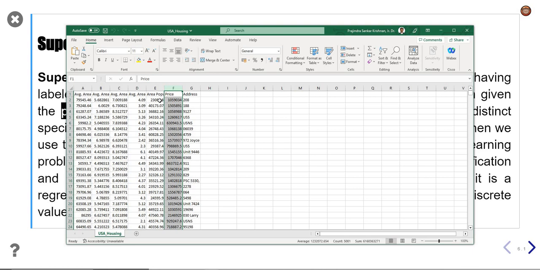Of course, this is a complete dataset, and you are going to use it to train your model. When you have new data with the average area and all these attributes, and you plug it into the model, you'll be able to predict the price. Are you all able to follow?